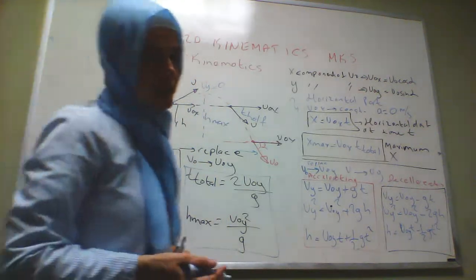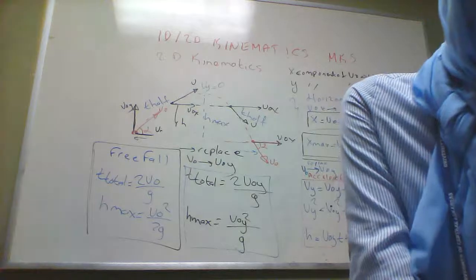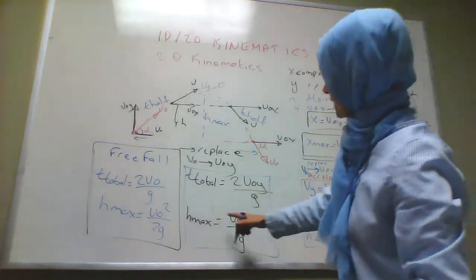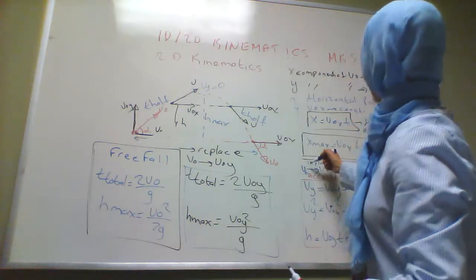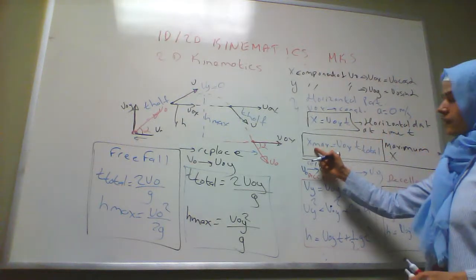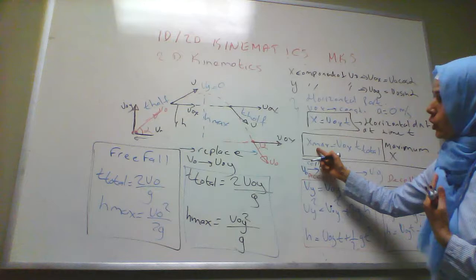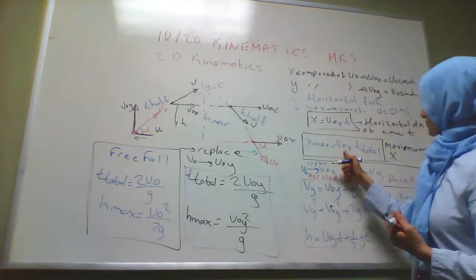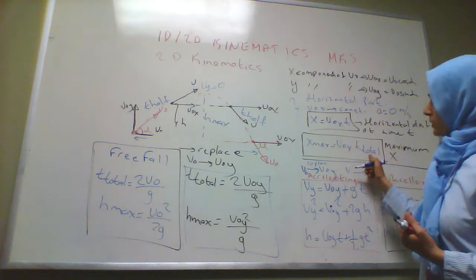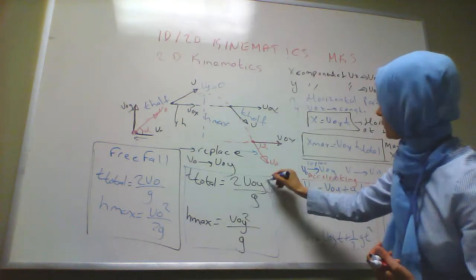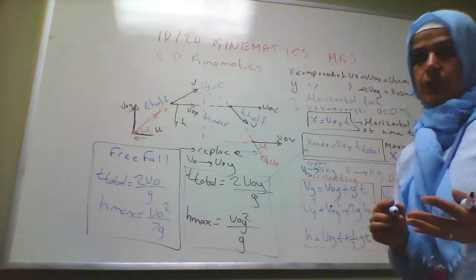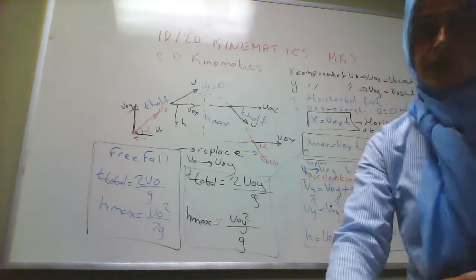One more useful equation we can derive from here is to enter this t total in here. So x maximum, the maximum horizontal distance that the object will travel within the whole motion, is v0x times t total. So we can enter this t total value we obtained in terms of v0y to get another useful equation. We can directly use that equation as well.